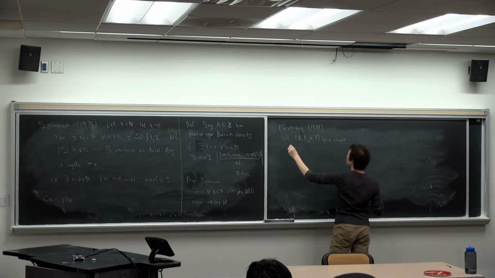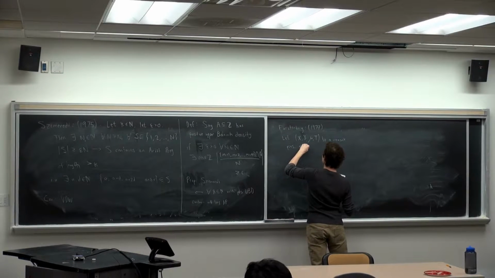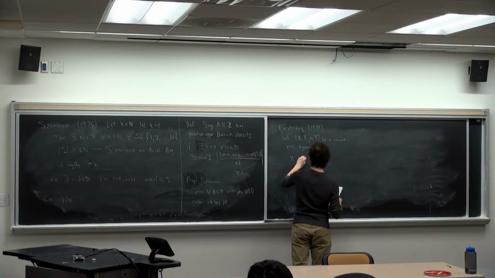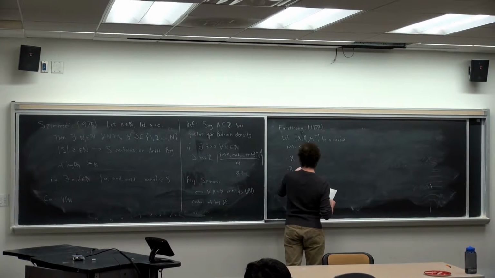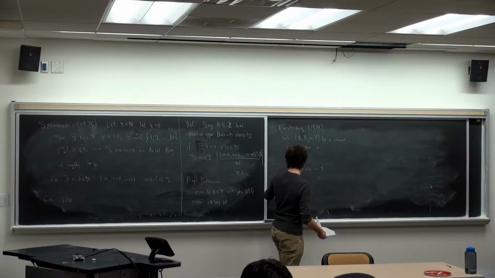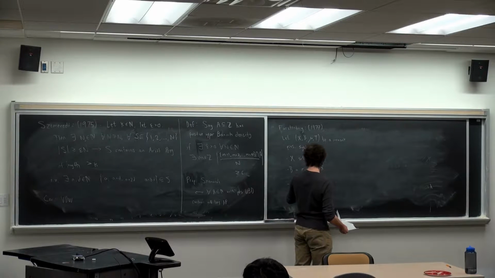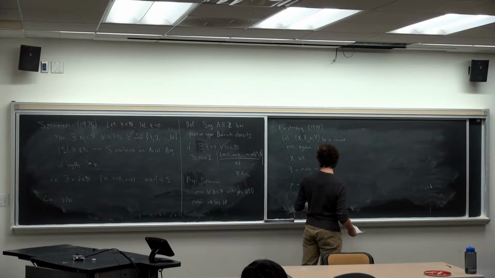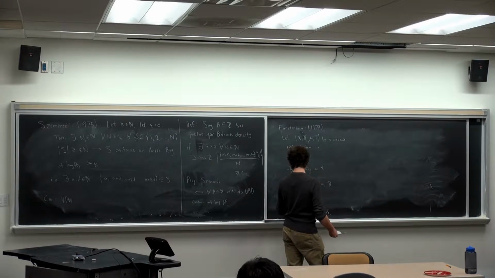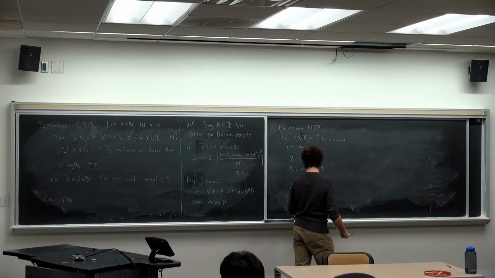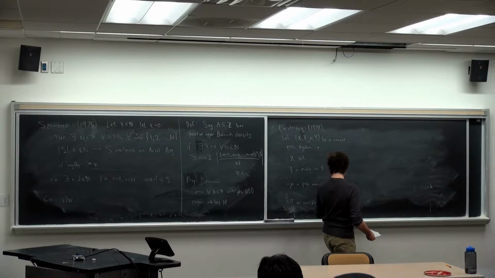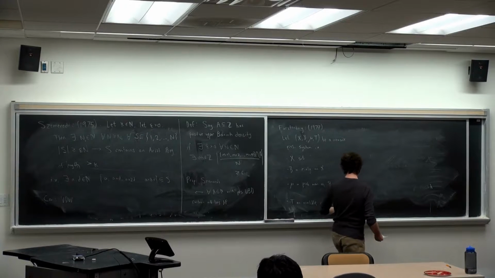I'll define what this means, i.e. X is a set, B is a sigma algebra on X, mu is a probability measure on B, and T is an invertible measurable and mu preserving transformation.